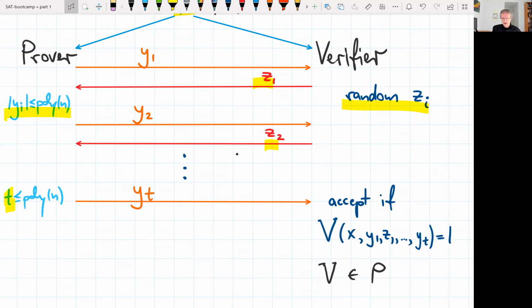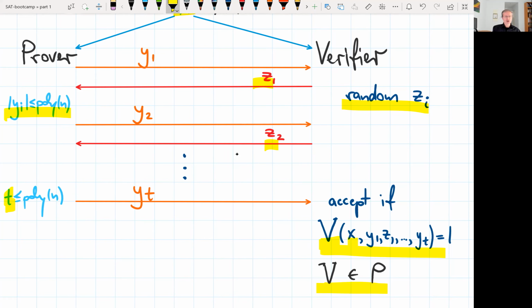And the way we define the verifier's decision, it will be some polynomial time algorithm, capital V, such that you apply this polynomial time algorithm to the input X and all the messages exchanged, Y1, Z1, Y2, Z2, and so forth. Note that even though V is a deterministic algorithm, because the verifier is using random messages Z1, Z2, and so forth, this algorithm V is actually a randomized polynomial time algorithm if we think of randomness coming from the verifier's choices of the messages Z1 through Zt.